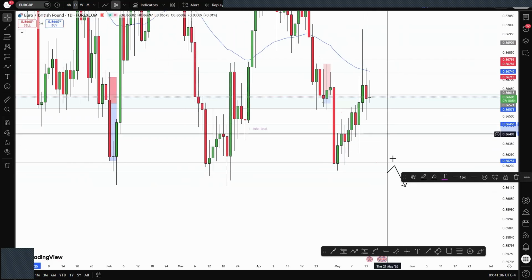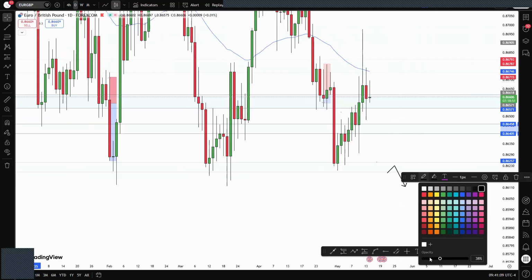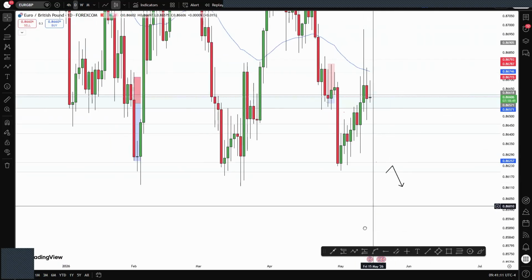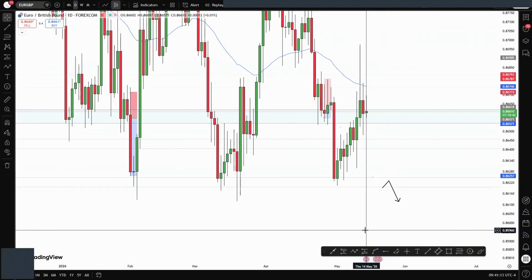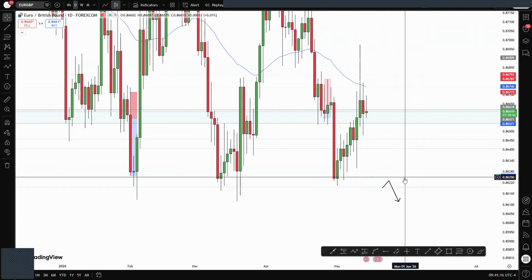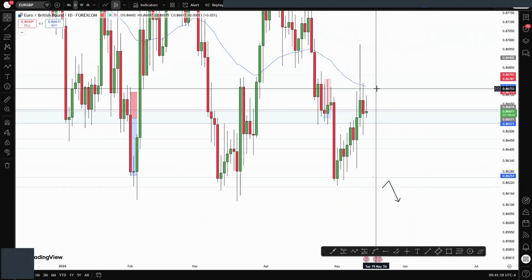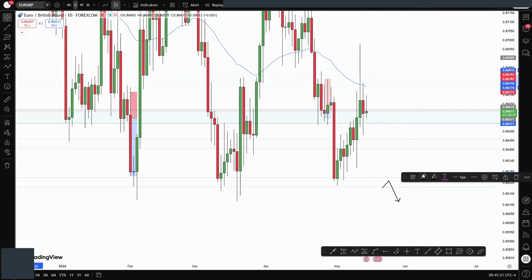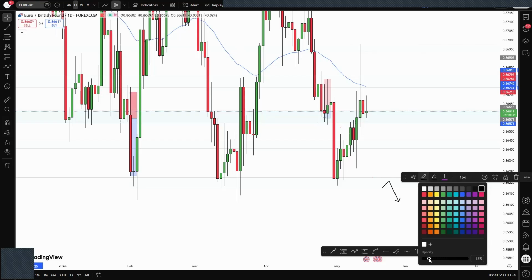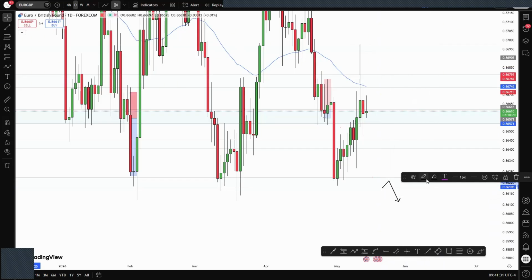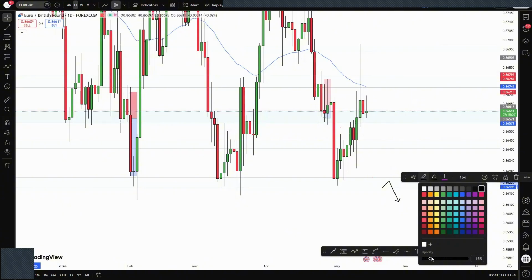If price wants us to participate in any of the movement in this pair, then the daily should go bearish, and now with the daily going bearish, the daily has to make a new high, because then I have to wait till price goes to its all-time low since February.